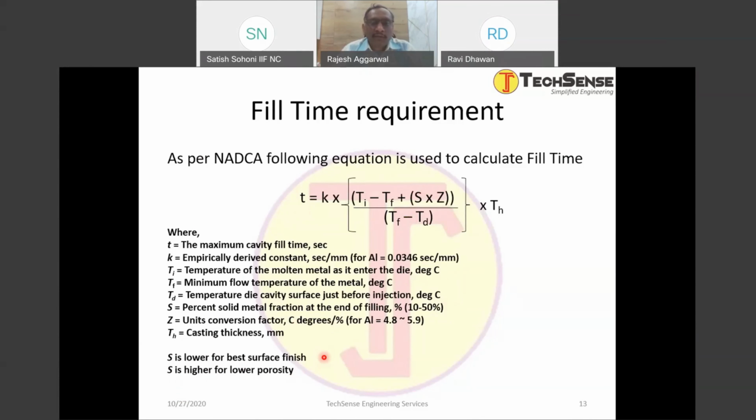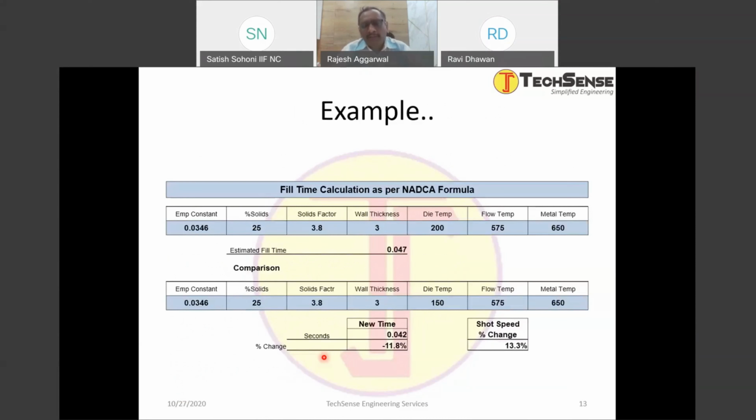Now coming back to this formula, we can put up this formula in an Excel sheet, as you see on the screen, and we can try to calculate the fill time required. Here we have two rows. The upper row is the basic condition, and the second row is basically a comparison, just to understand what is the impact or what is happening.